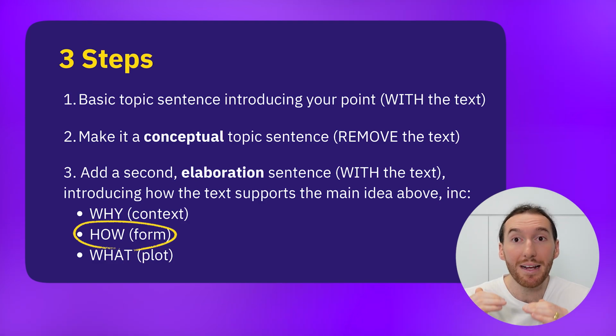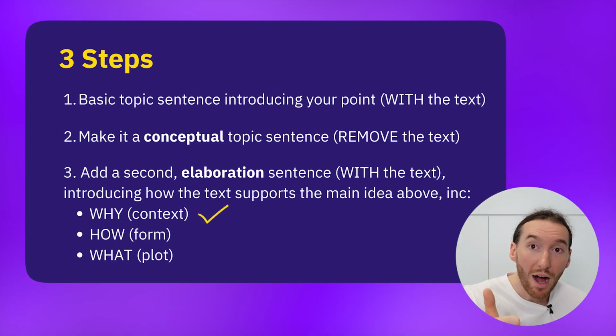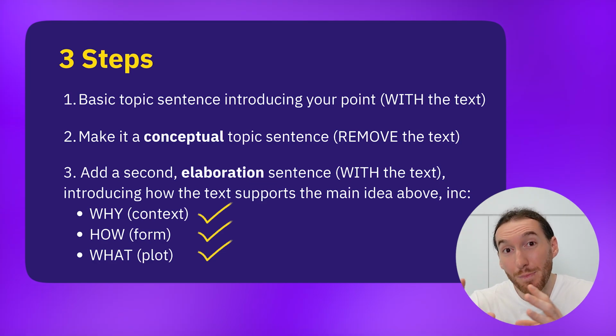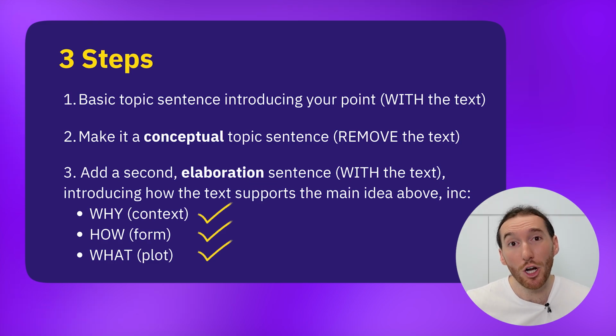You need to actually make explicit reference of something about the form to show how generally the text has represented this idea. So why is context, how is form, and what is that plot element, so that we know you're making a point based specifically on the text, but that earlier conceptual sentence shows that this idea goes beyond the text. So let's now look at an example of how to improve your topic sentence using this approach.